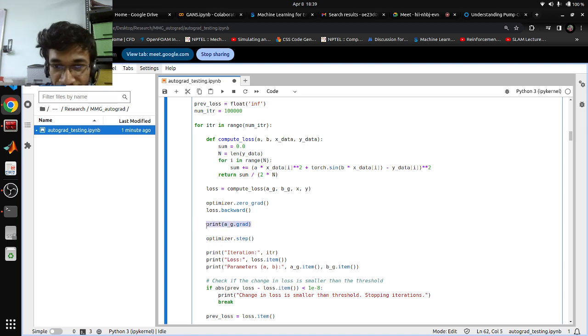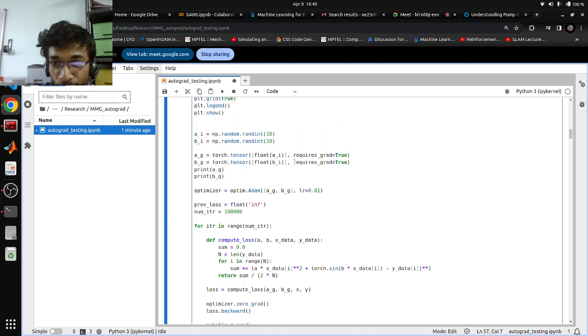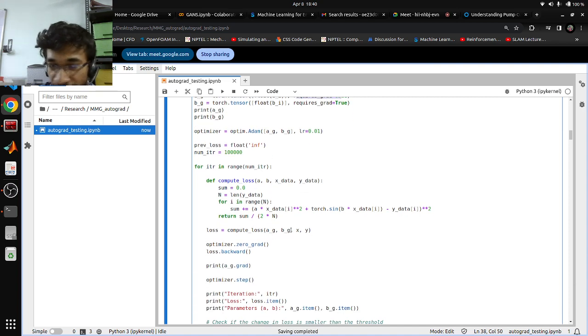I have a function called loss, which is a function of this ag and bg. Whenever I try to compute a gradient, or go in the direction of decreasing value of this loss curve, there are only two parameters in this function for which this requires_grad argument is true: one is ag, the other is bg.